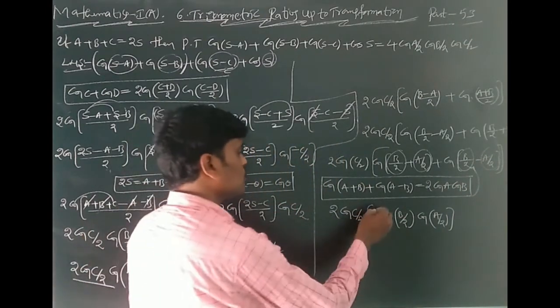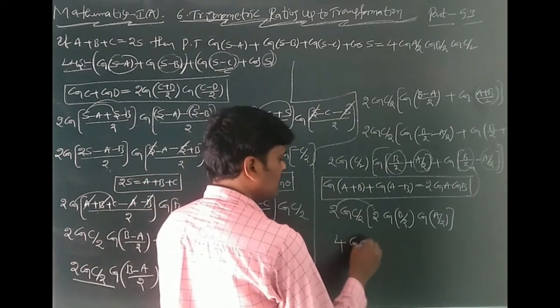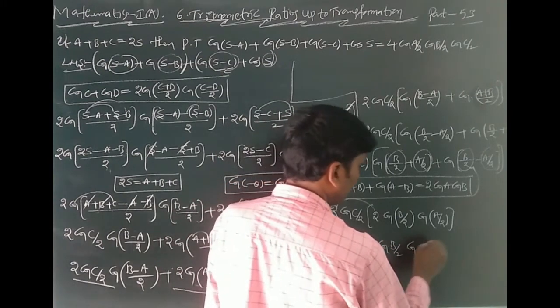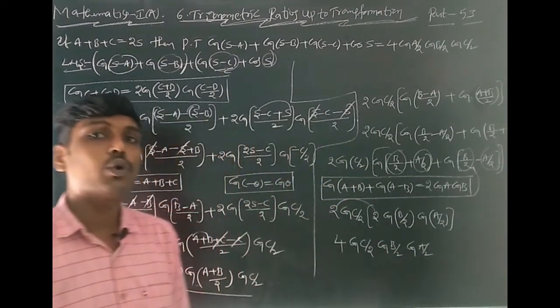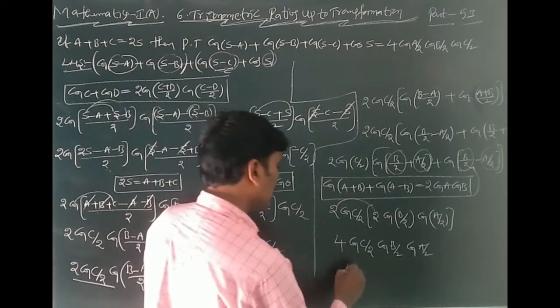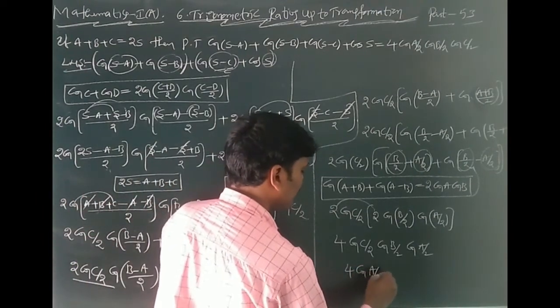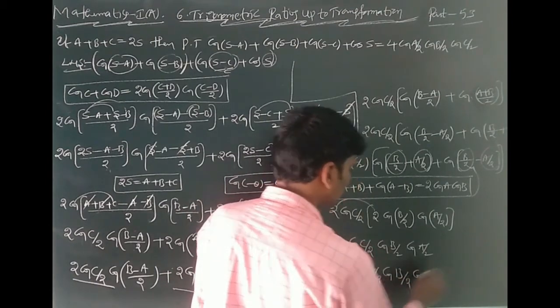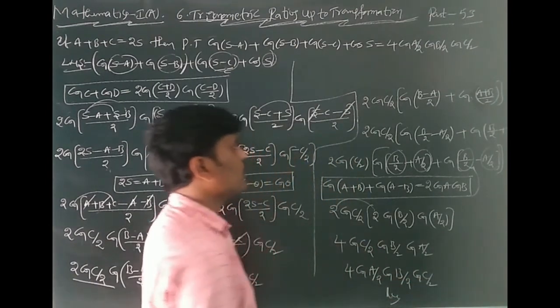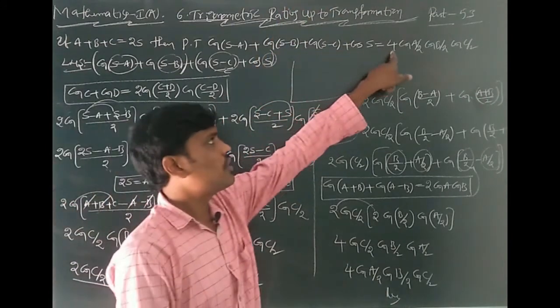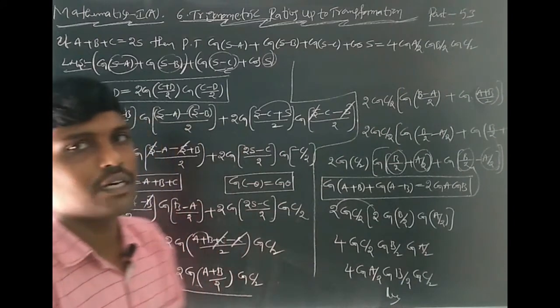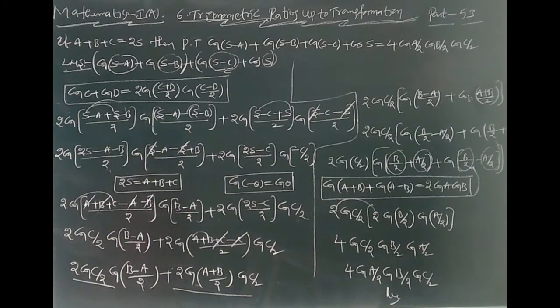After that, 2 times 2 is 4: 4 cos(A/2) cos(B/2) cos(C/2). This is the RHS part. Correct or not, students? Then LHS is equal to RHS.